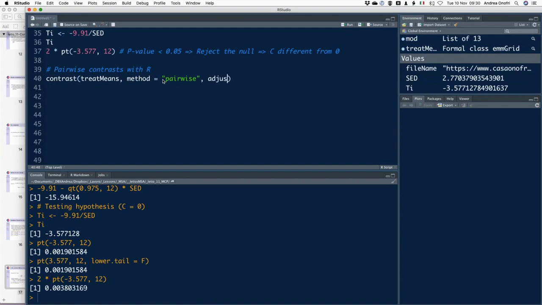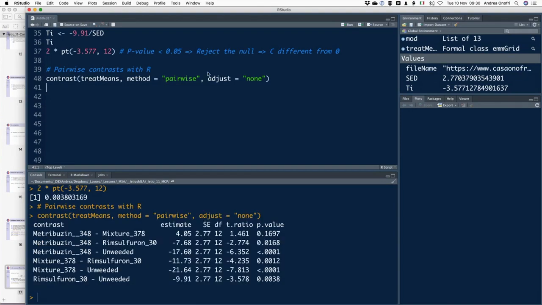So adjust equal no. And here we have the 6 contrasts, and we see that the final contrast here is exactly the same as we calculated before.